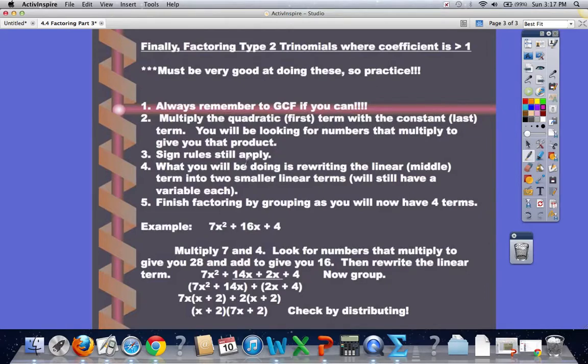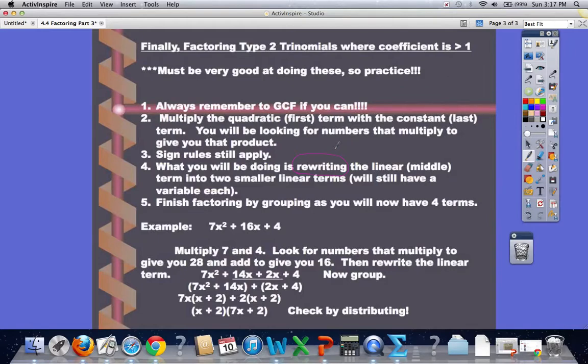What you will be doing with this type of factoring problem is rewriting that linear term, which is the middle term. You're not changing the basis of the equation or the function, but you're just writing it so you can work with it. And that's what math does a lot. They just rewrite things so they can solve things.